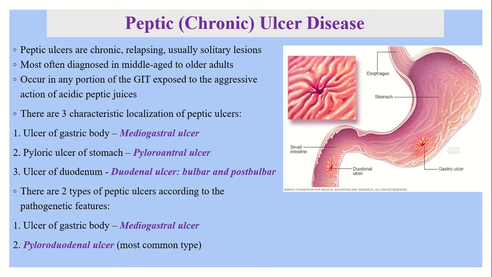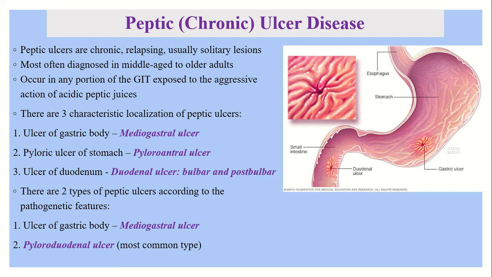And there are three characteristic localizations of peptic ulcers. As we said, the ulcer of the gastric body, mediogastral ulcer, the pyloric ulcer of the stomach, and the duodenal ulcer that is also separated into the bulbar and the postbulbar.